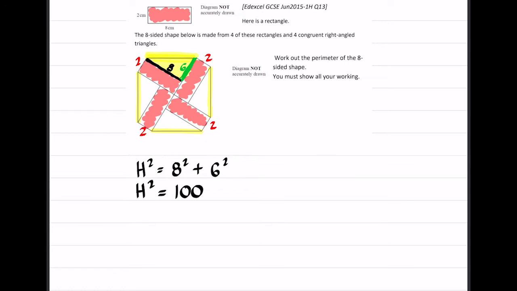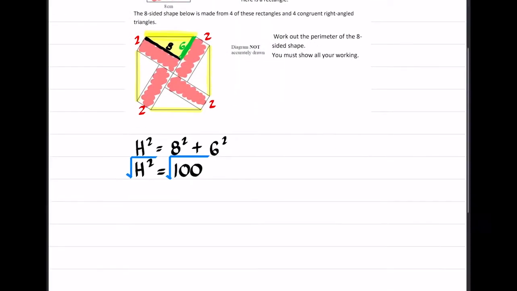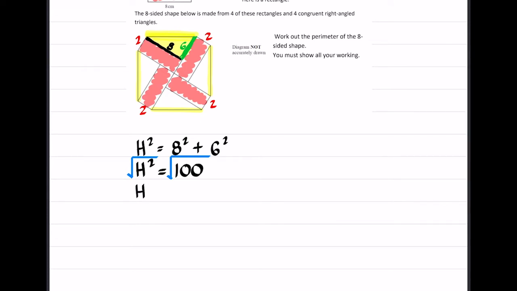Then I would square root both sides of this equation. The square root of h squared is h, and that is equal to the square root of 100, which is 10 centimeters. Which means that I have 10, 10, 10, and 10 because the triangles are congruent.